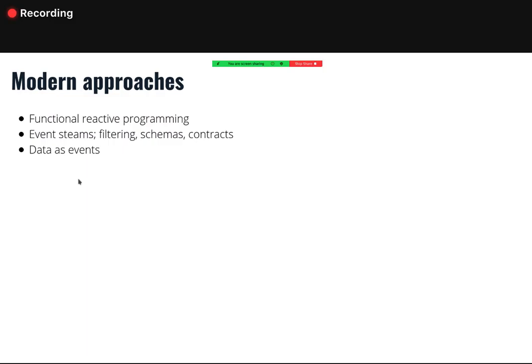All right, so that's our basic state machine. As I mentioned before, we're going to be moving on to some more modern approaches as we progress through the system, but we'll start with these fundamentals and we'll go from there.